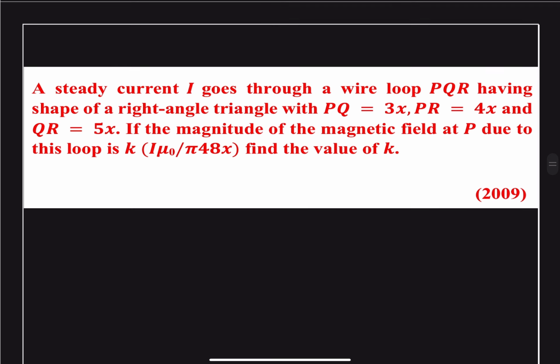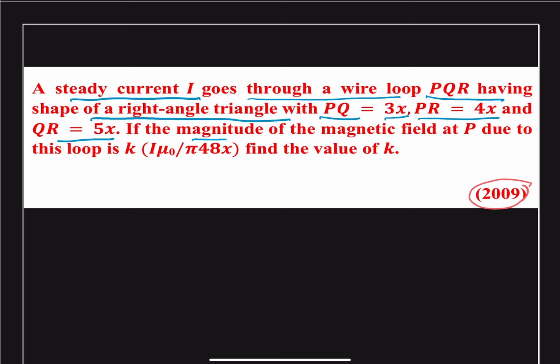Next question, which was asked in the year 2009, states that a steady current I goes through a wire loop PQR having the shape of a right angle triangle with PQ 3x, PR 4x and QR 5x.